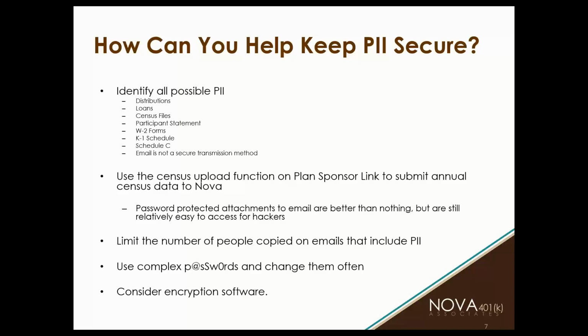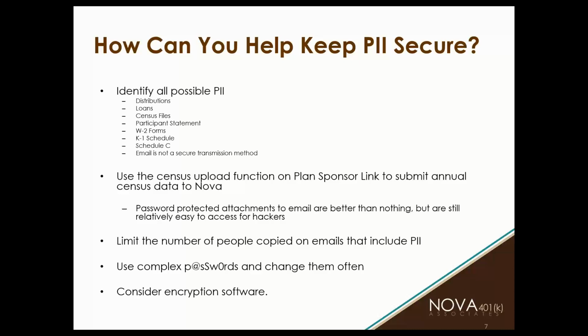So it's better than nothing, but it's a pretty inadequate defense if somebody is really interested in what you have in that attachment. So while that is an option, we would definitely prefer that you use the upload function or the secure file transfer function on the Plan Sponsor Link website.